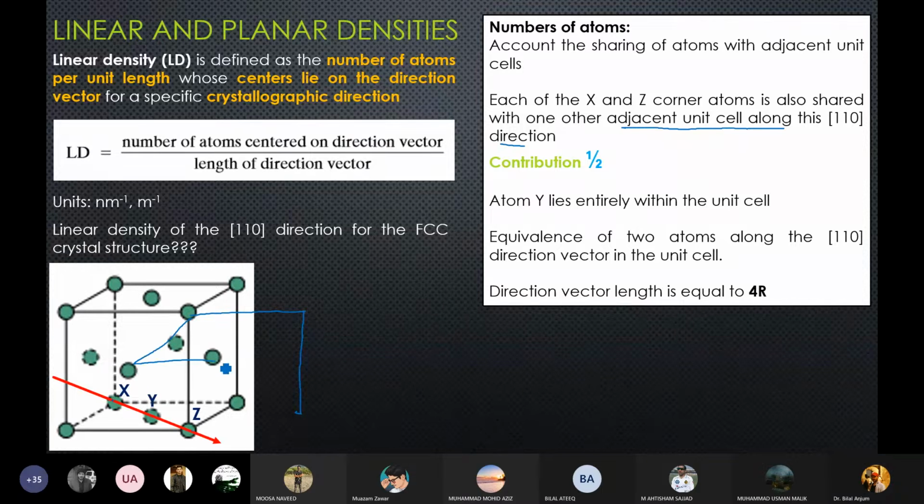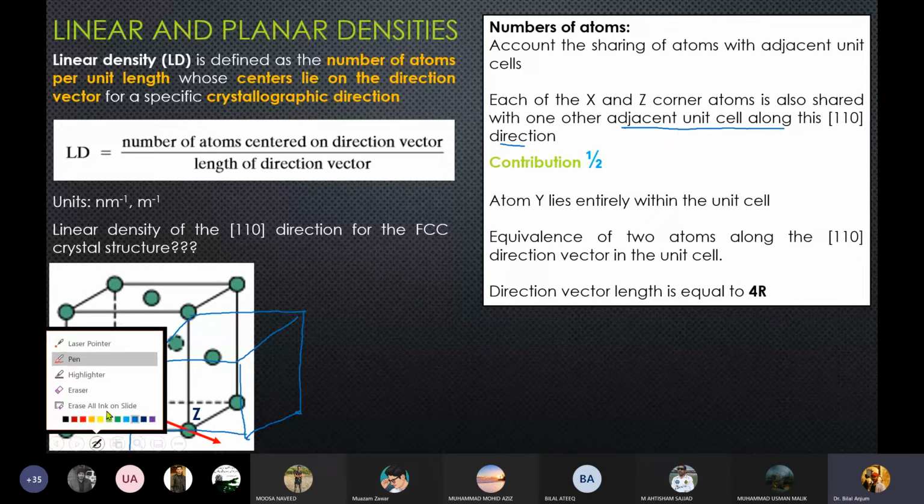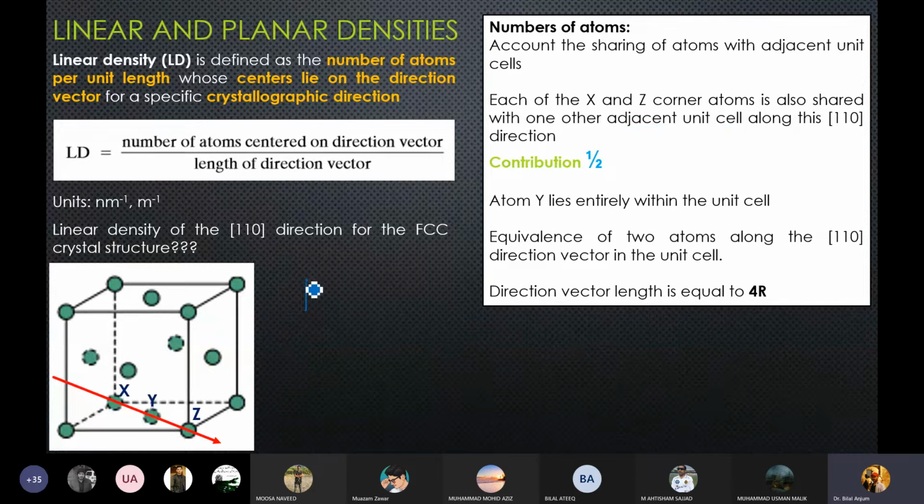Sorry, let me draw it again. If you have an atom over here, this atom would be shared by another adjacent unit cell along the same direction.